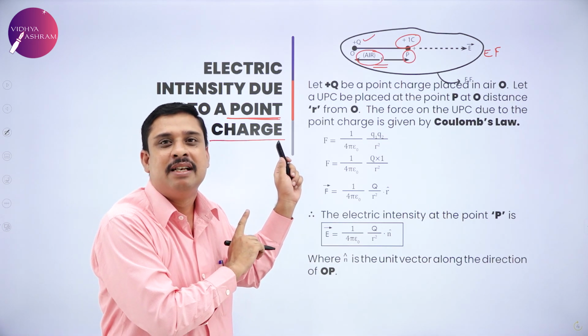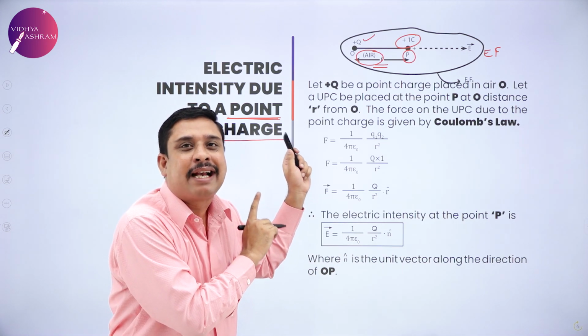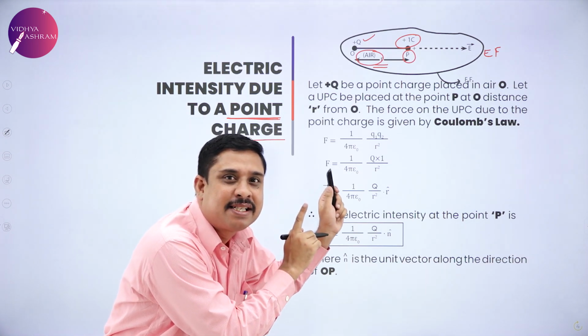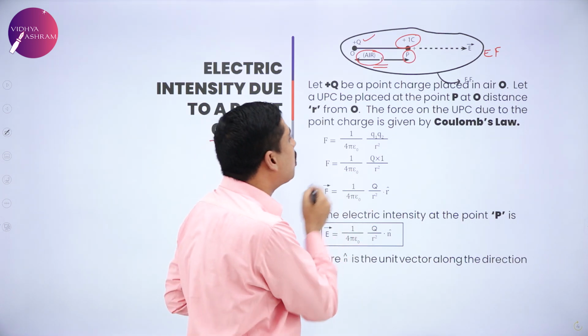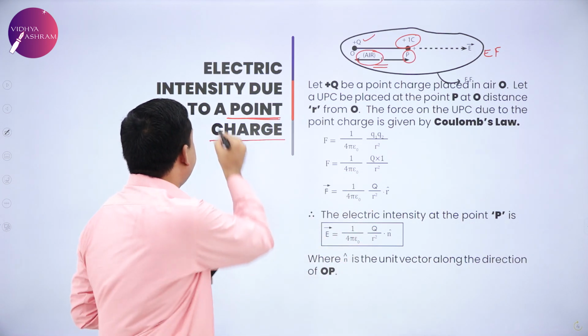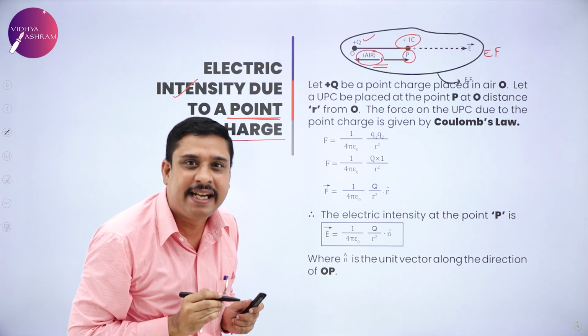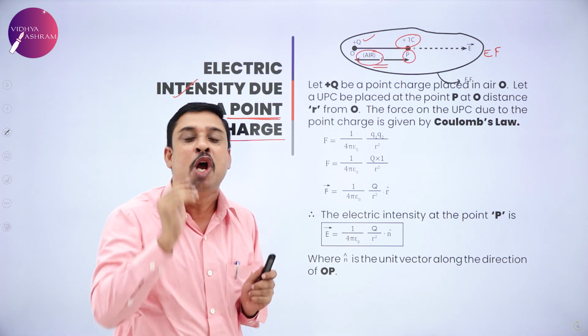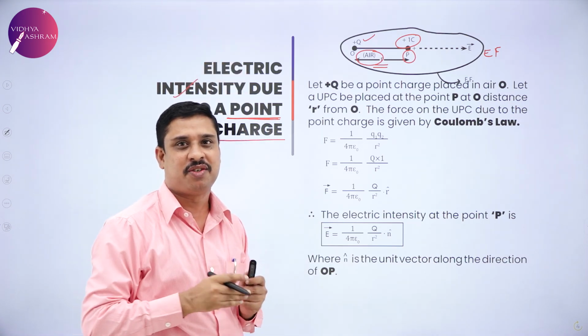I learned that the force acting on the UPC in an electric field is what we call electric intensity. Therefore, electric intensity due to a point charge.